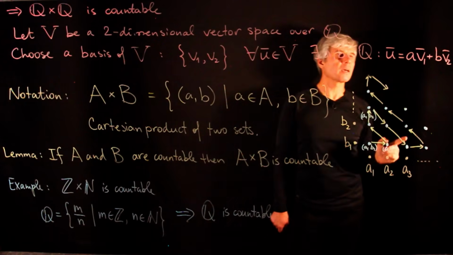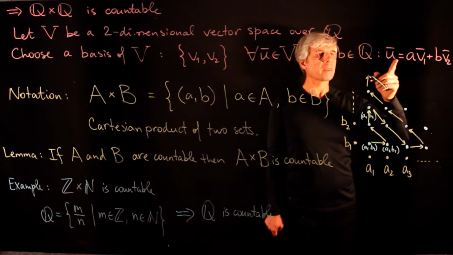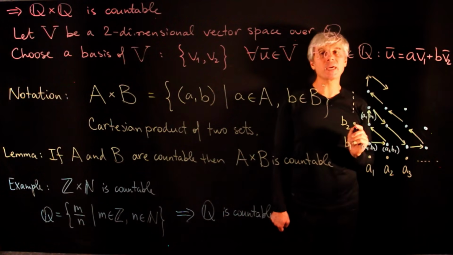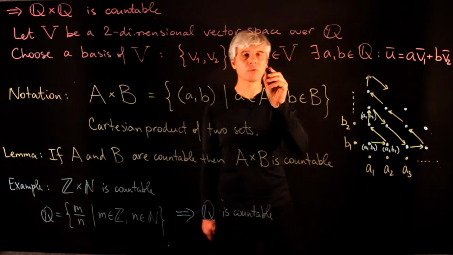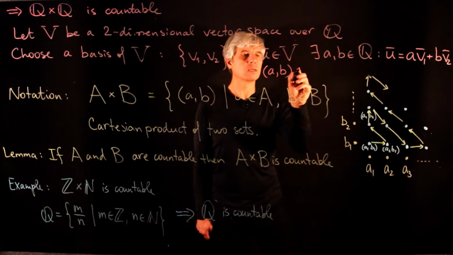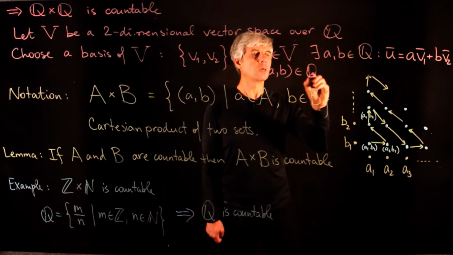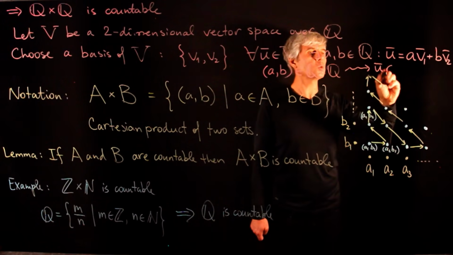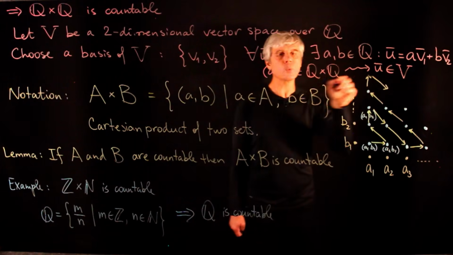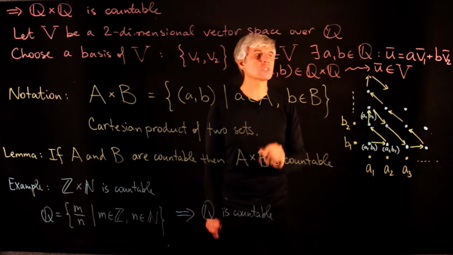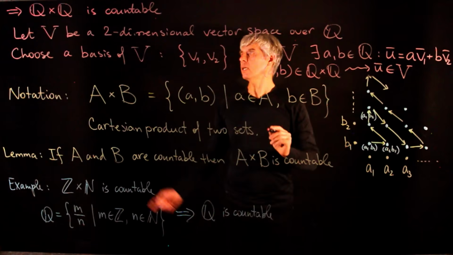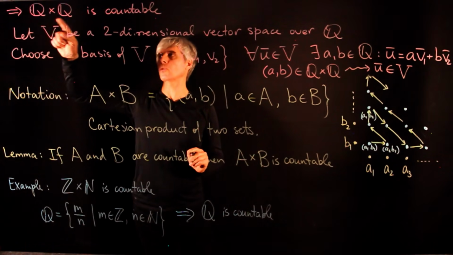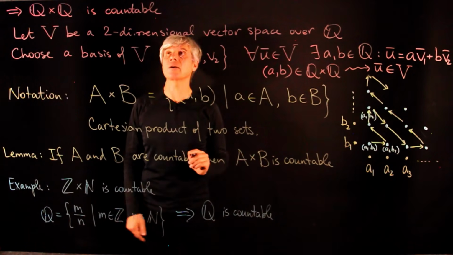So this means that vectors in our vector space V are exhausted by pairs. If I have a pair of numbers A and B in Q cross Q, then any such pair gives us a vector U in V. And moreover, in this way, we exhaust all vectors in V. But here we saw that Q cross Q, the Cartesian product or the set of all pairs of rational numbers, is countable.